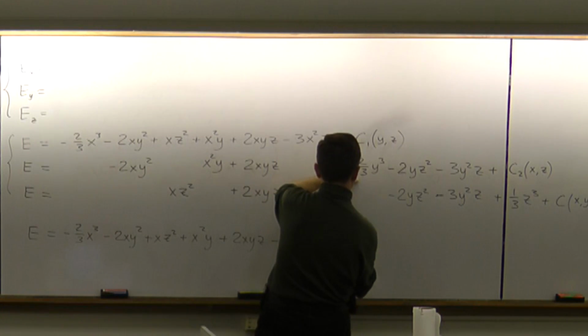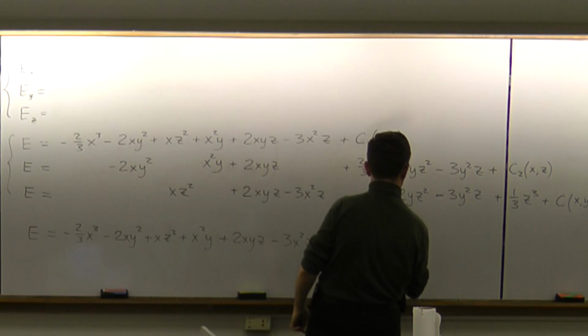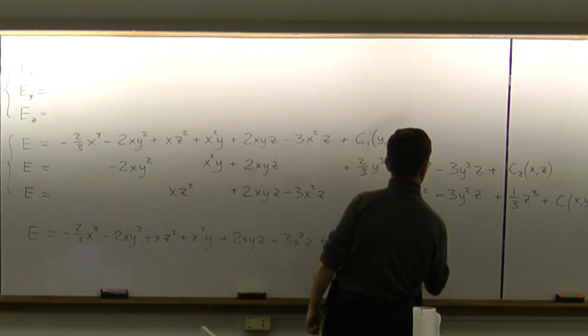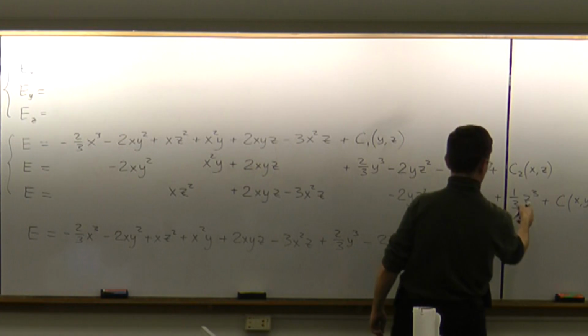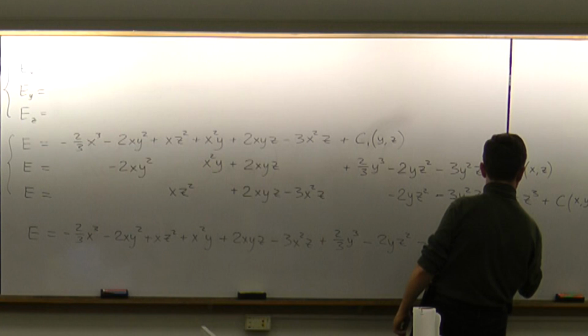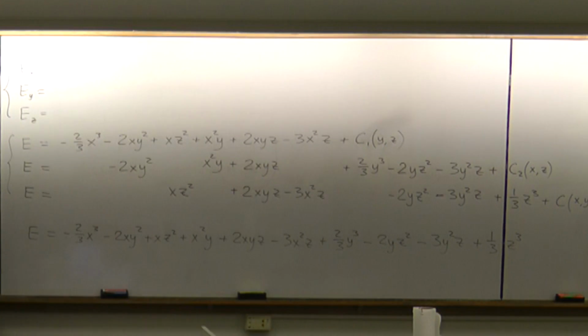Now plus 2/3 y cubed minus 2yz squared minus 3y squared z plus this 1/3 of z cubed. Are we done?